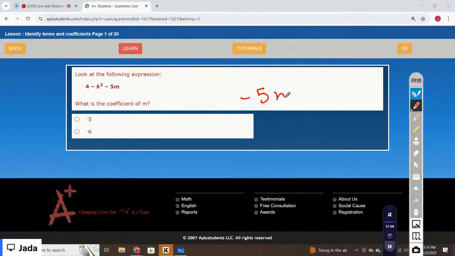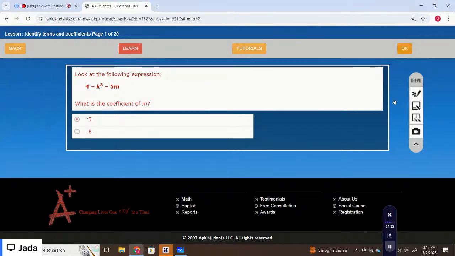So the number that is written with the variable is the coefficient of the variable. So negative 5 is the coefficient of the variable m. Option number 1 is the correct option.